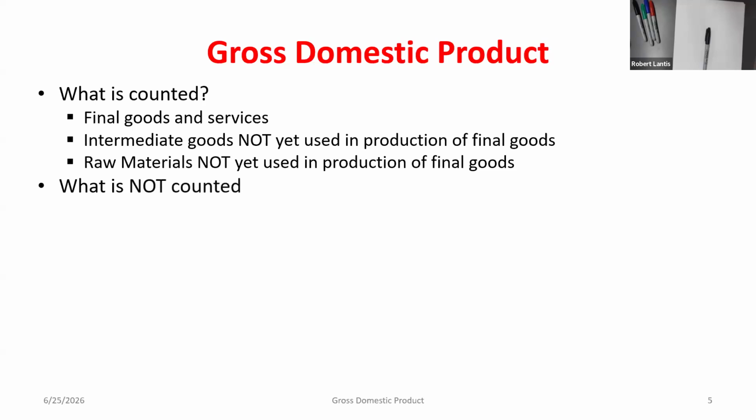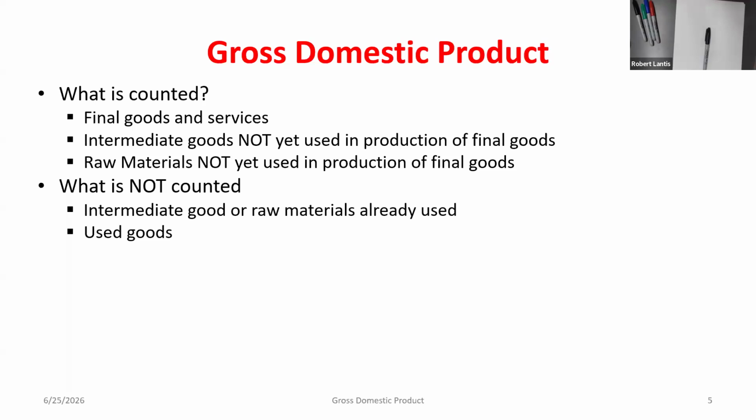Okay. So what will not be counted in our GDP? Even though it's as best of a measure that we can get for the production of our economy, what's not counted? Intermediate goods that are already used, or raw materials that are already used, we already hit on that, but also used goods. So resale of goods: that good has already been produced, it should only be counted once.